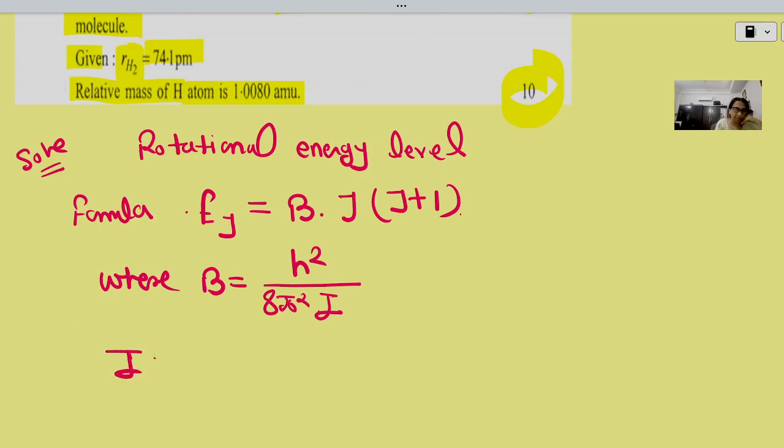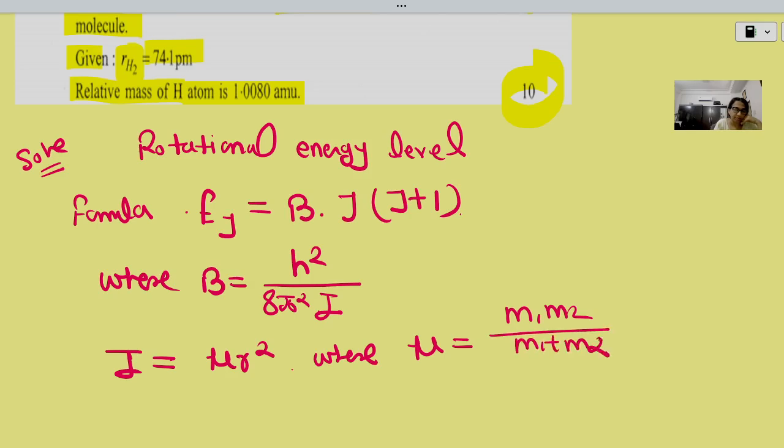We can calculate the value of I, that is mu r square, where again we will write what mu is. Mu is the reduced mass, m1 m2 upon m1 plus m2. Okay, for the calculation of hydrogen, the value of mu is equal to m H upon 2.